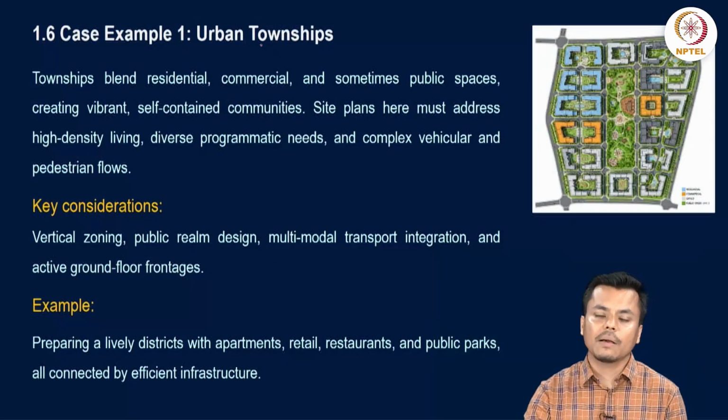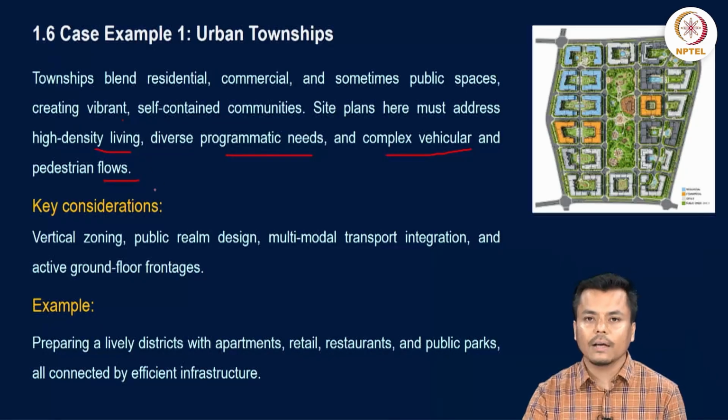Then there is the example of urban townships. Townships have a blend of residential, commercial and sometimes public spaces also, to create vibrant, self-contained communities. Site plans must address high density living, diverse programmatic needs and complex vehicular and pedestrian flows. All this has to be there in the urban township.